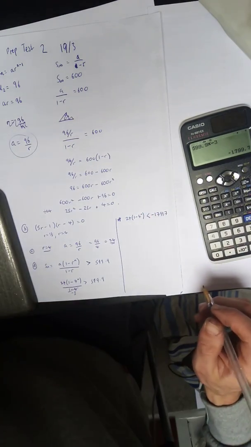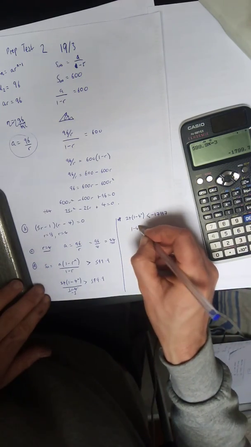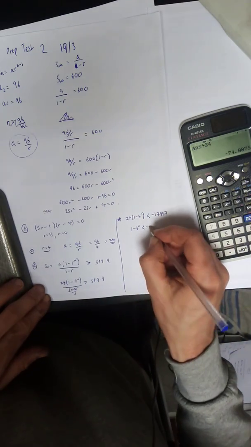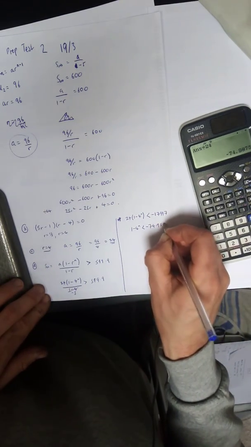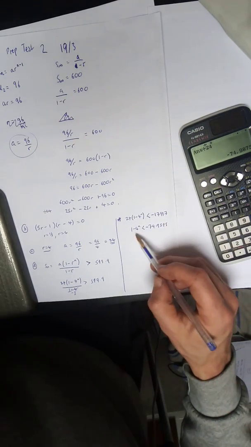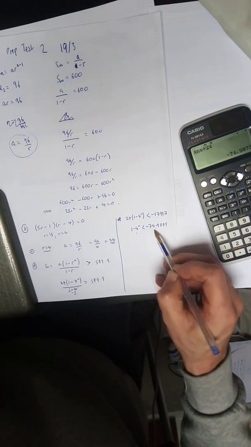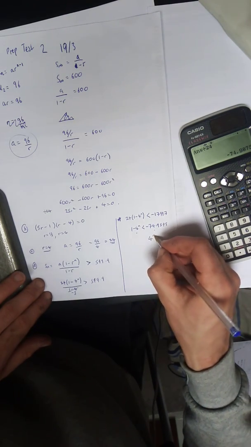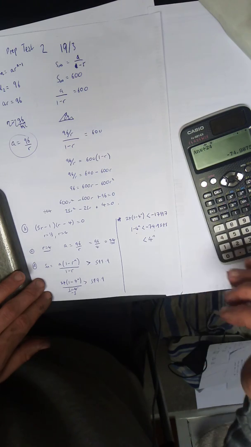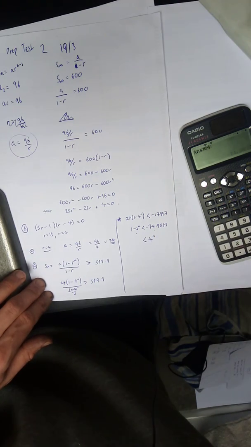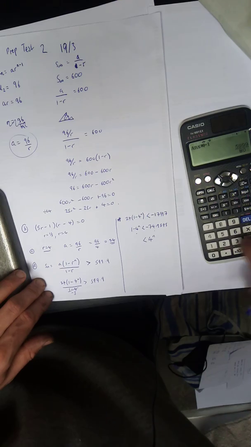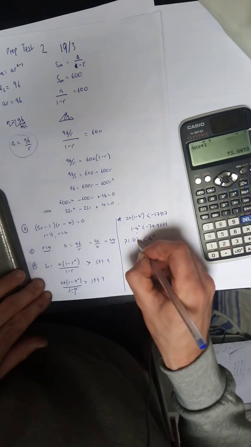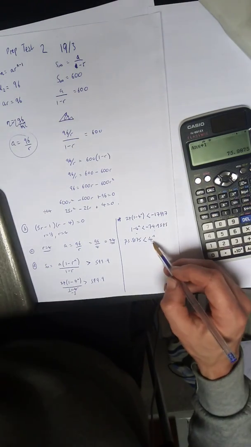Divide by 24. 1 minus 4 to the n is less than, dividing by 24 again, minus 74.9875. Now I'm going to bring that to this side and that to that side, so we're going to have 4 to the n is bigger than 1 plus that, which is 75.9875. Now you just have to be careful.